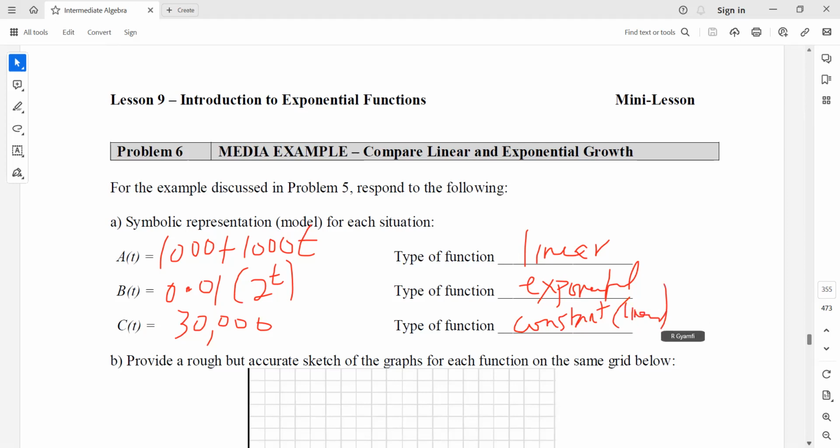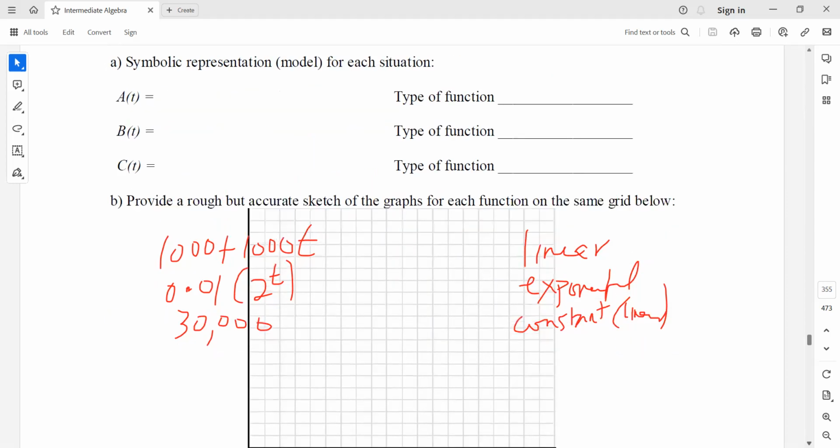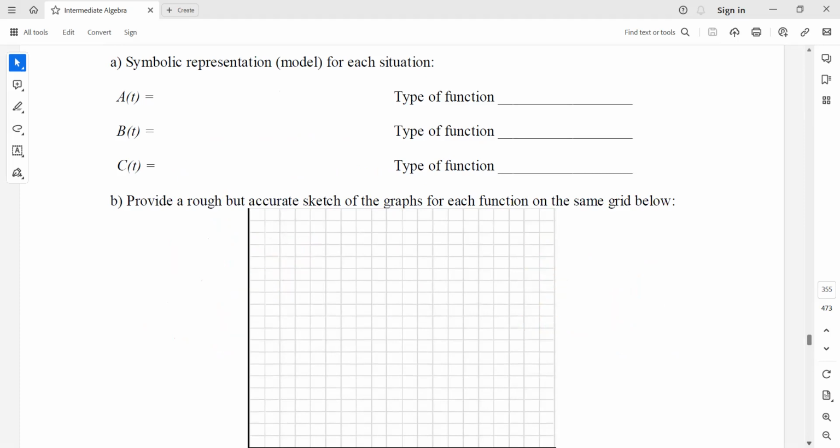Okay. Now what about the graphs? Remember, the constant term is not the difficult one, because that you're going to get a straight line. For B of t, so this is C of t.